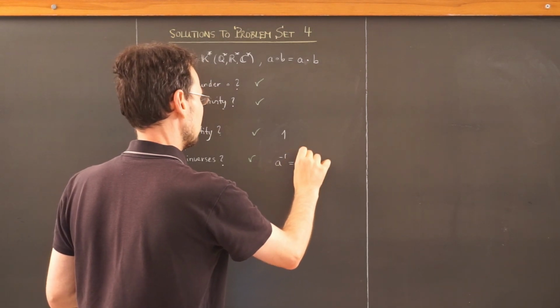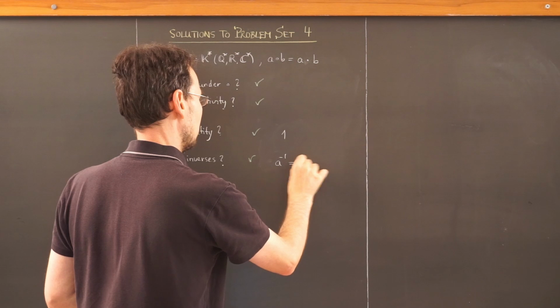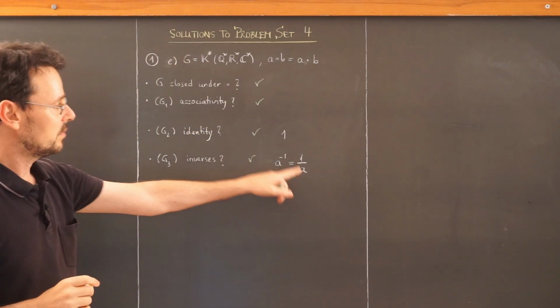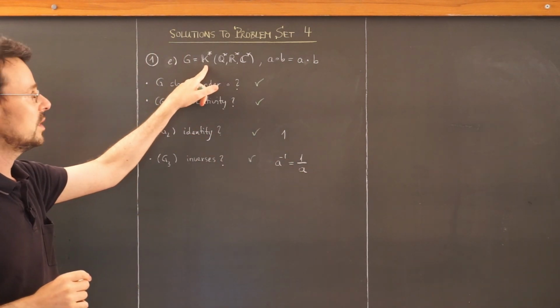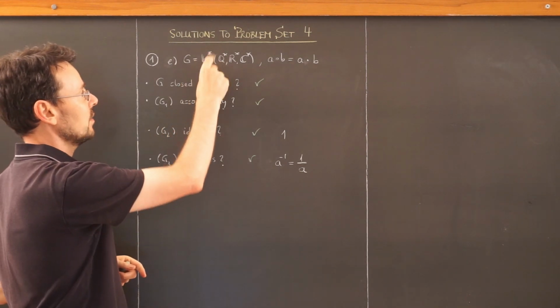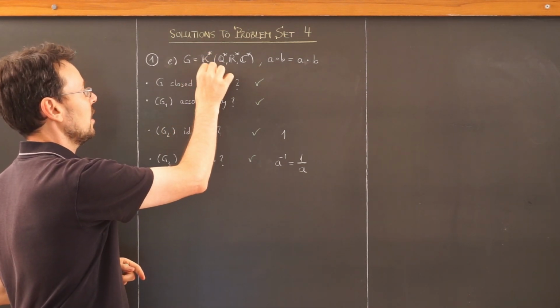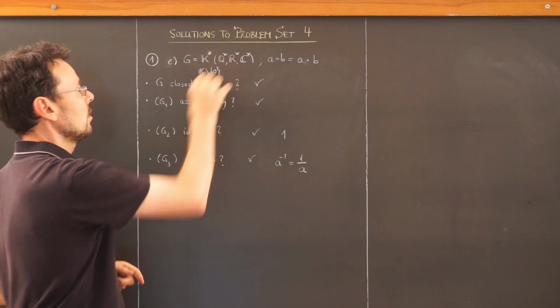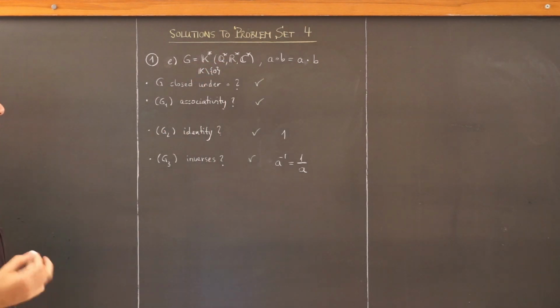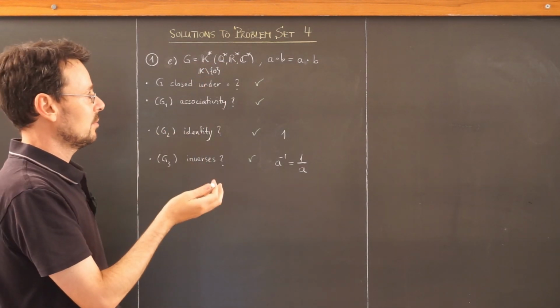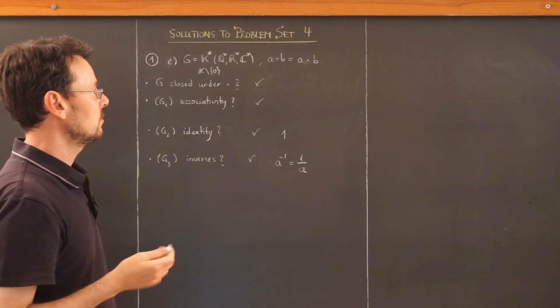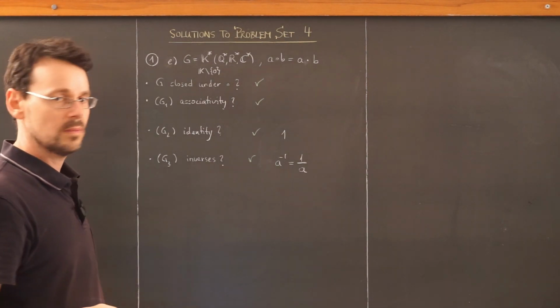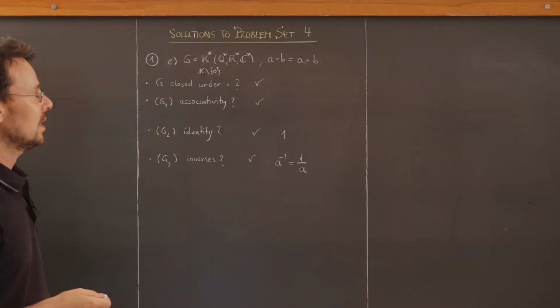A inverse is now written as 1 over a, and this is always possible because we excluded the 0. The star here means k without the 0. So these are another examples for infinite commutative groups with infinitely many elements.